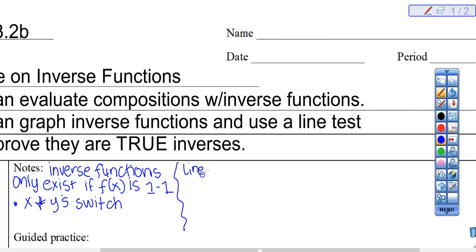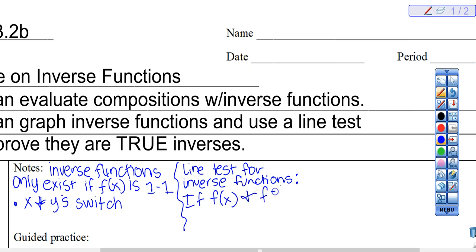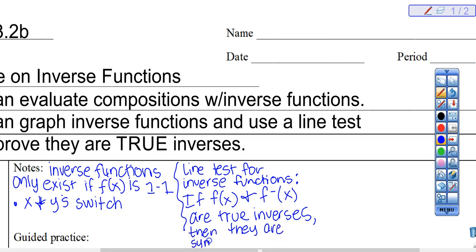The line test for inverse functions says this: if f of x and f inverse of x are true inverses, I added the word true there, then they are symmetric across y equals x.